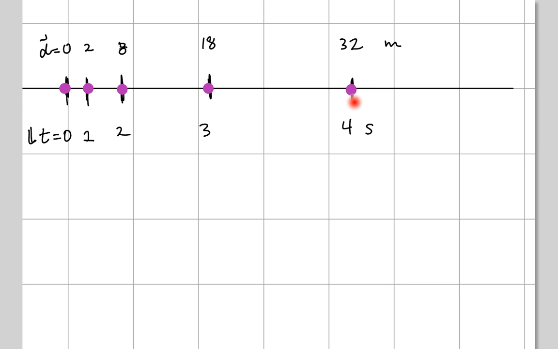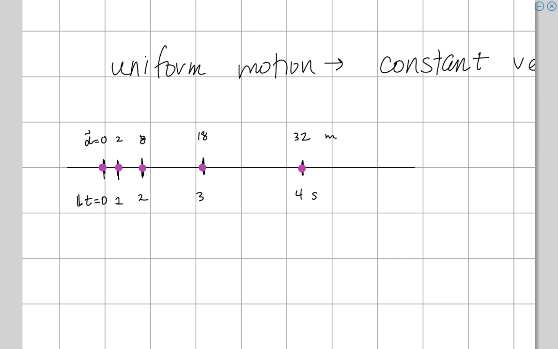And at here it would be 8 meters per second. So what's happening to the speeds or the velocities? They're increasing. So we can say that this object is accelerating. Good. So if the object's accelerating, the speed is changing. We call this non-uniform motion.